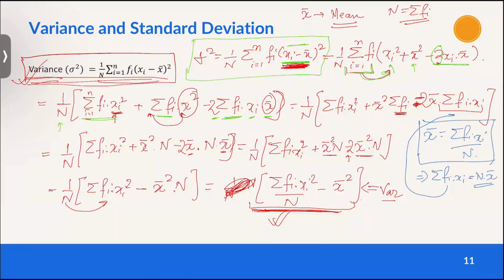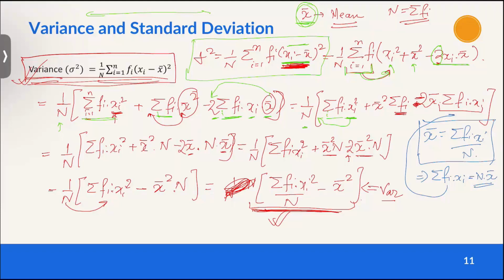Now you see this x bar is a constant. It is the mean. You take some values and you calculate the mean, it will remain the same. It will not depend upon i, because this sum is over i. So you can take this x bar outside the sum. Okay. So we'll have 1 by n summation of fi times xi squared. So you see it is xi. We cannot take xi outside the sum because this sum is over i.